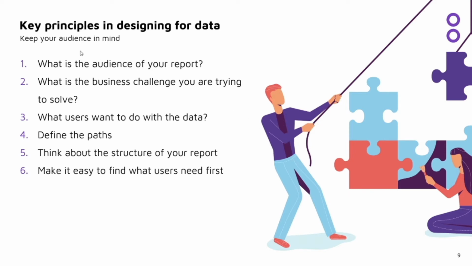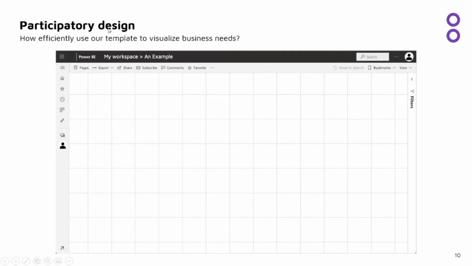So how do we achieve good practice in the field of these principles? First of all, participatory design, which is a way of designing first with the users in place.